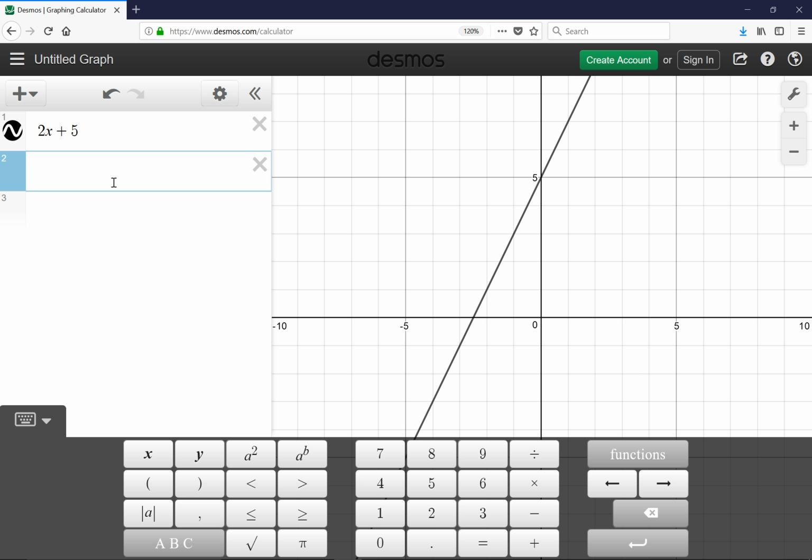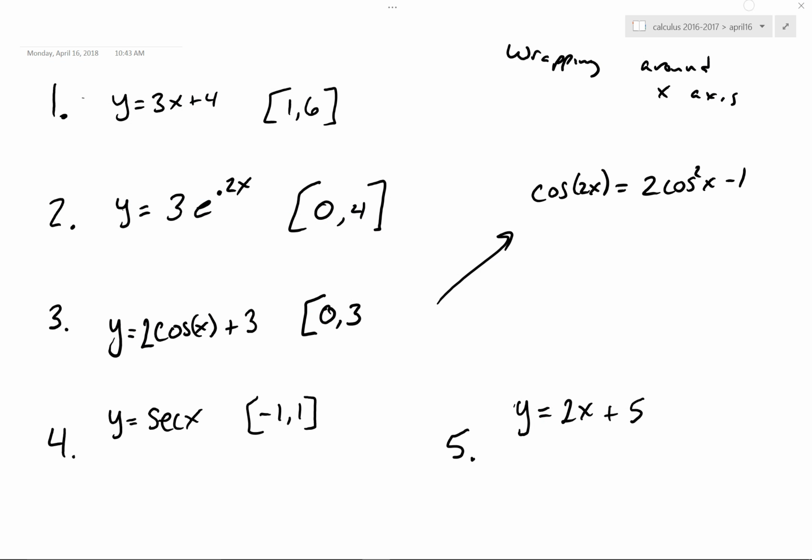And x squared. So I want the volume between them in quadrant 1. And again, I want them all wrapped around the x-axis today.